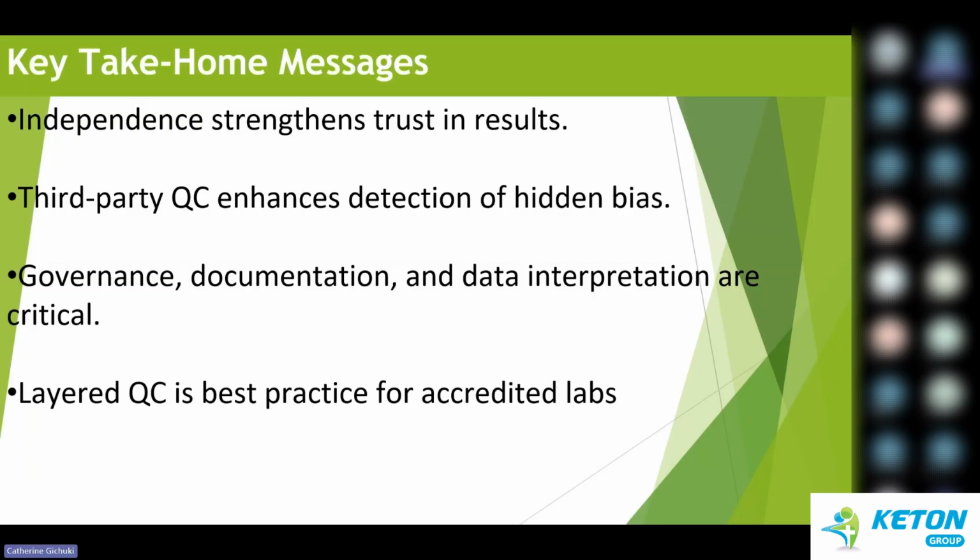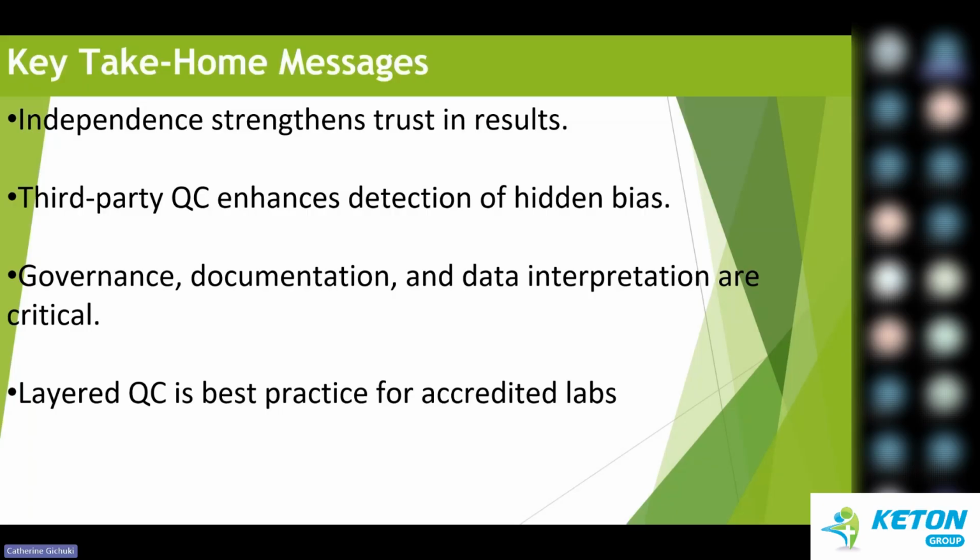Independence strengthens trust in results. Using independent or third-party QCs, as you call them, will increase, of course, the confidence that the results you're producing are truly correct. The other one is that third-party QC enhances detection of hidden biases. Like we have mentioned, it will help detect subtle biases and errors that are just being missed by the manufacturer's QC.